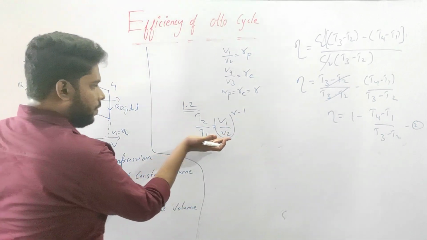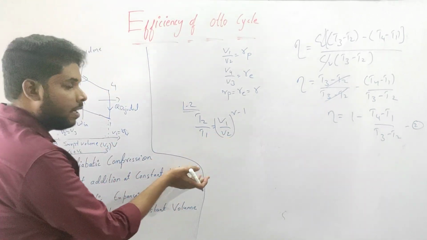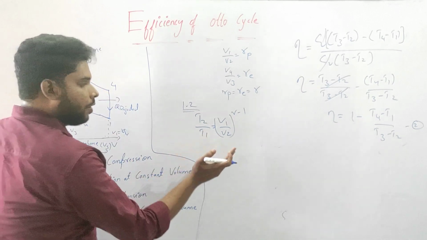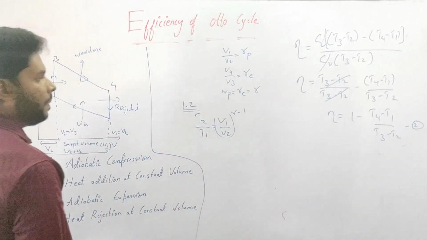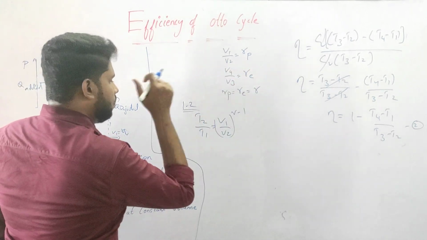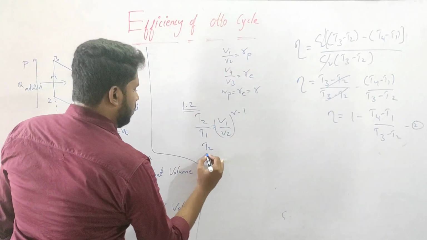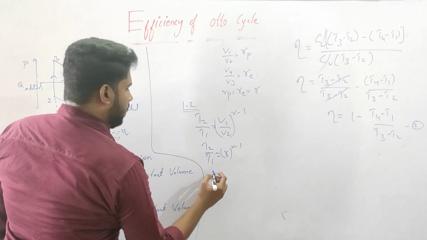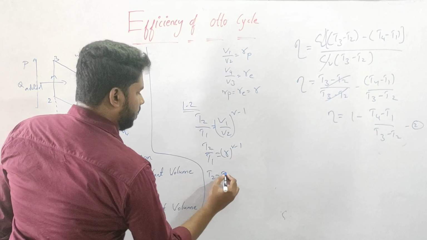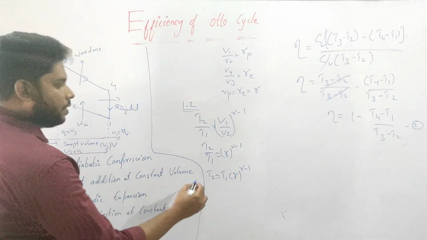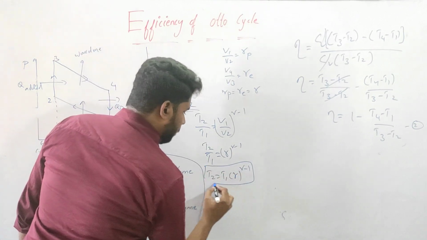We already derived this relation for an adiabatic process; I will provide a link in the description if you want to watch how this relation came. Now V1 by V2 is the compression ratio, which is equal to R. So T2 by T1 equals R to the power of gamma minus 1. Bringing T1 to that side, T2 is T1 R to the power of gamma minus 1.